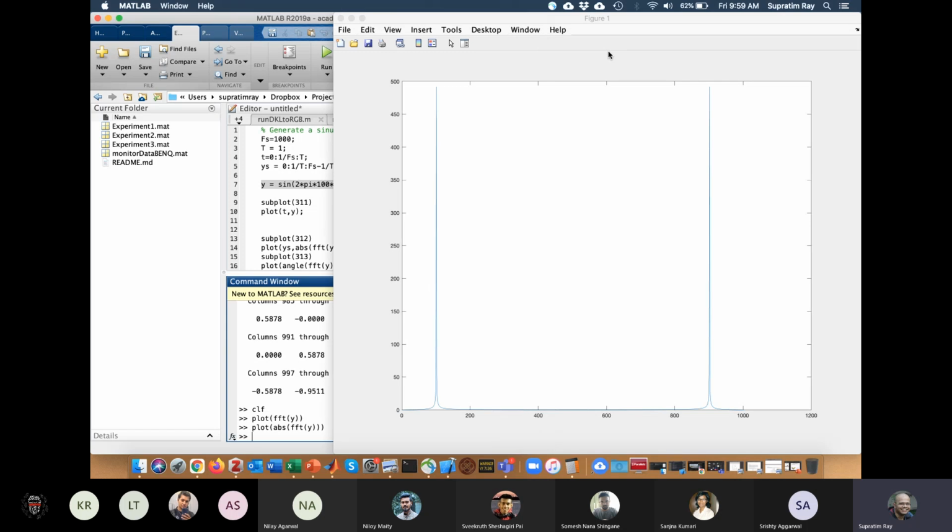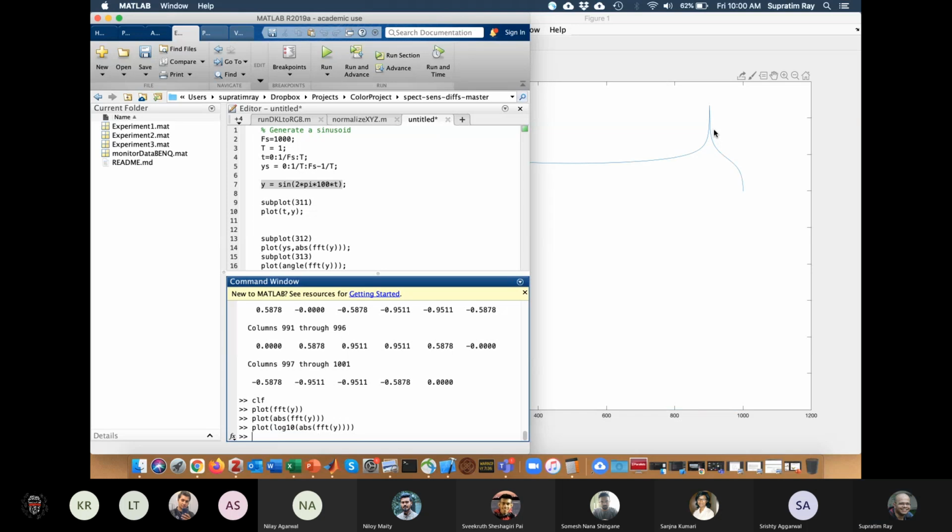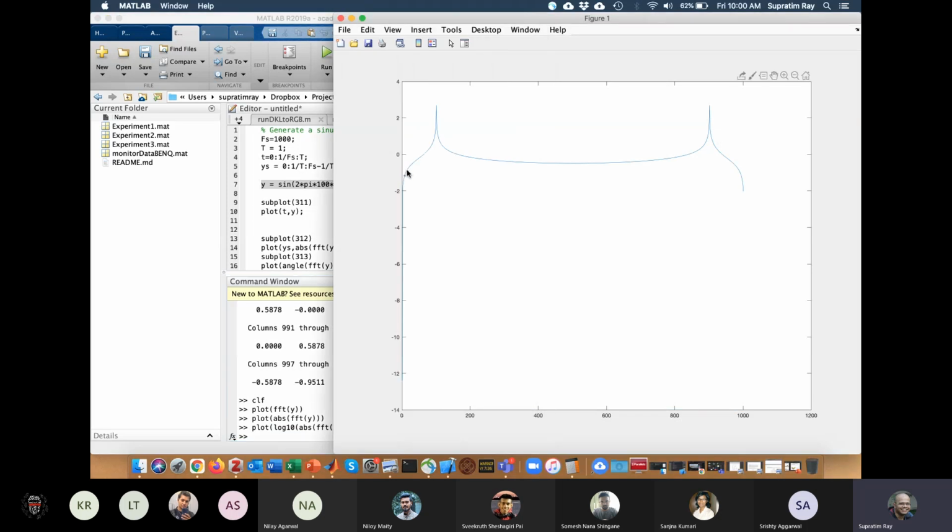you will first see that it's got 1001 points, but notice now that it's not a sharp line at 100. It's got all these other things also. Probably easier to see if I just look at the log of this. So you can see now that the power is not only limited to this 100th point, but it has spread out as well.